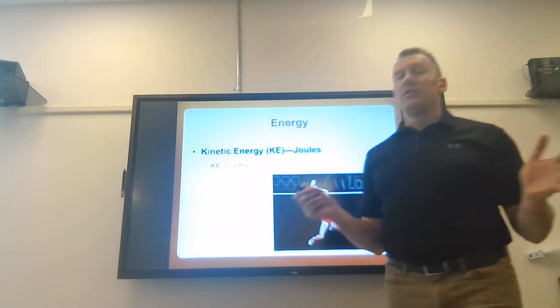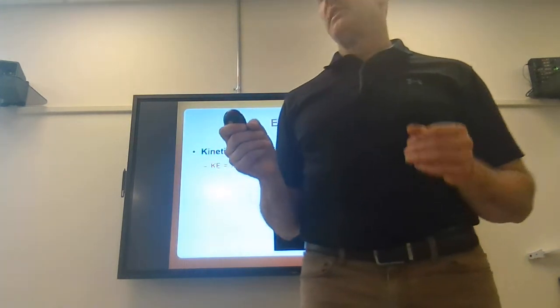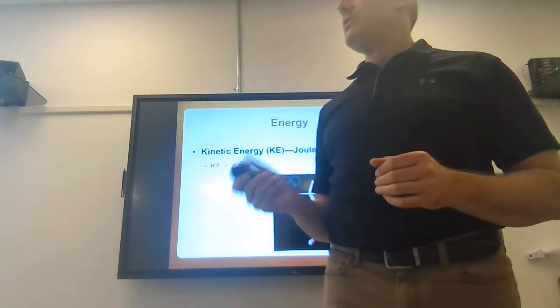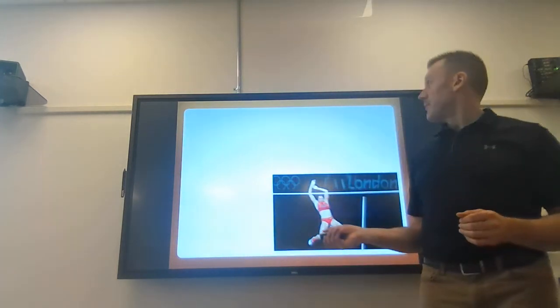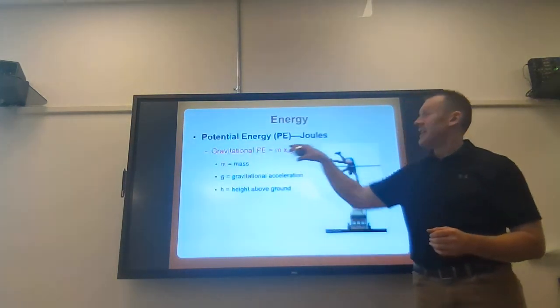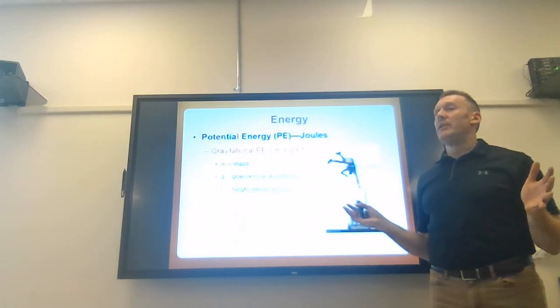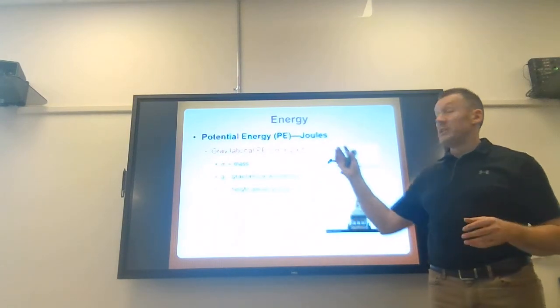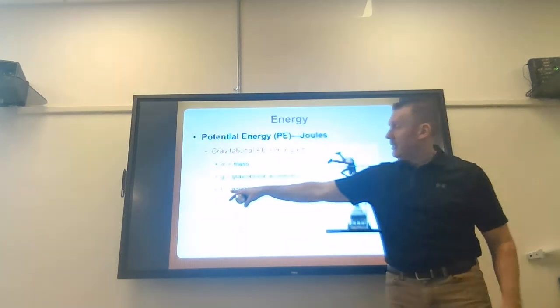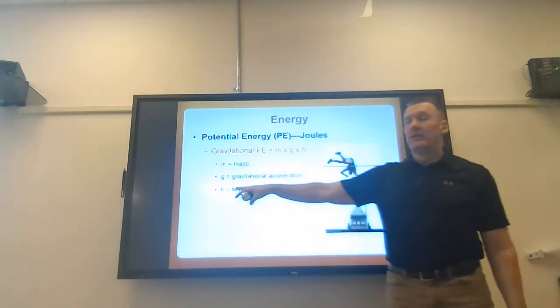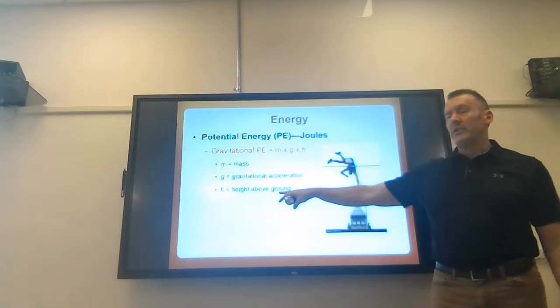Then you get to the end of your approach, and all of that kinetic energy is transferred into potential energy. Whatever amount of kinetic energy you have, you want to transfer into potential energy, because that's going to determine how high above the ground you go.